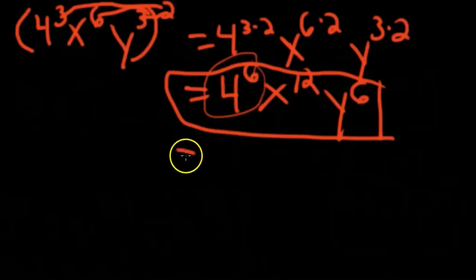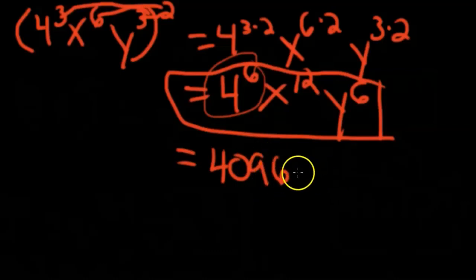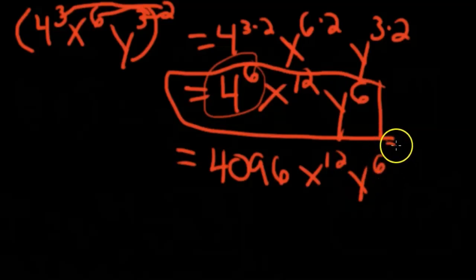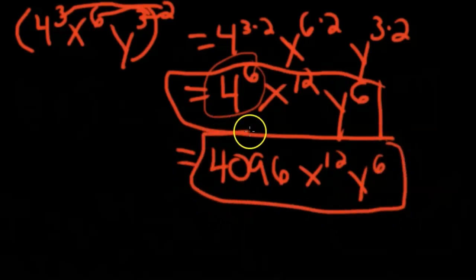So let's go and simplify this further. 4 to the 6th power would be 4,096 x to the 12th power, y to the 6th power. And this should be our answer.